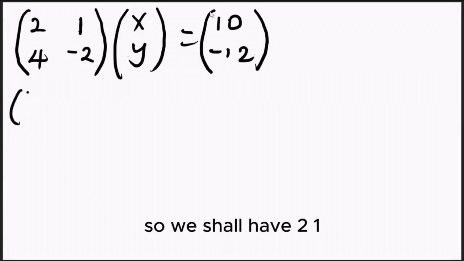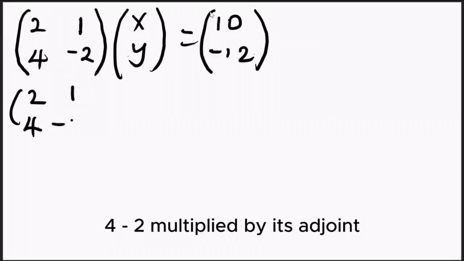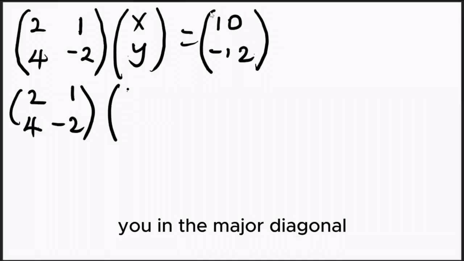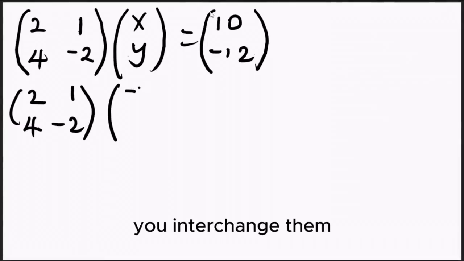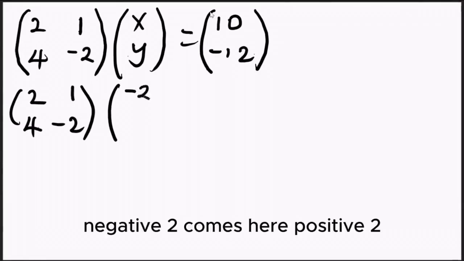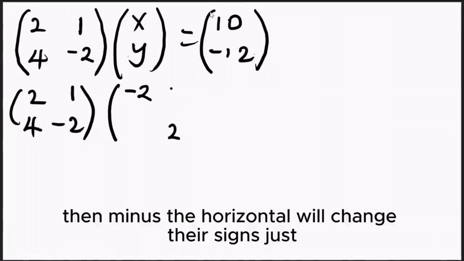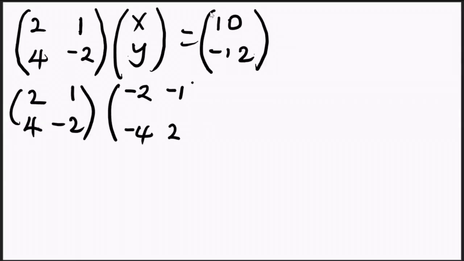So we shall have 2, 1, 4, negative 2 multiplied by its adjoint. In the major diagonal, you interchange them. Negative 2 comes here, positive 2. Then the minor diagonal, you change their signs.